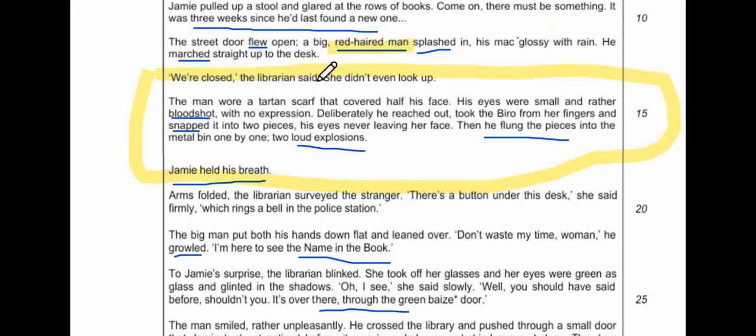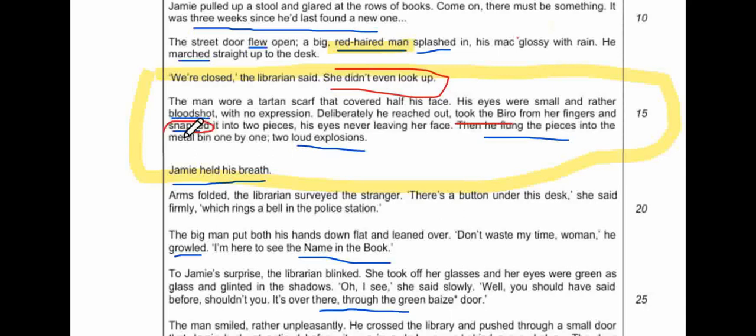So in line 13 it's written, the librarian, she didn't even look up. And the action of the red-haired man, he took the pen from her fingers and snapped it into two pieces.